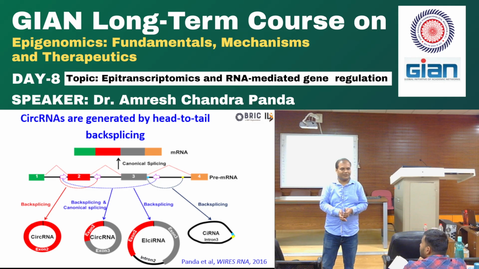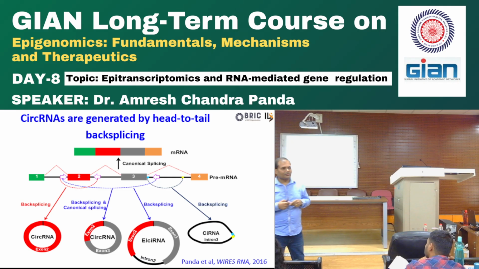The cDNA is made, now you have to do PCR. You need two primers, but if you design the primers in the same way, forward and reverse, it will also detect the parent gene, because it is coming from the parent gene, right? So if you are facing two primers towards each other, they will amplify your circular RNA, they will also amplify your linear. But if you want to amplify the circular RNA specifically, you need to put the primers facing outwards.